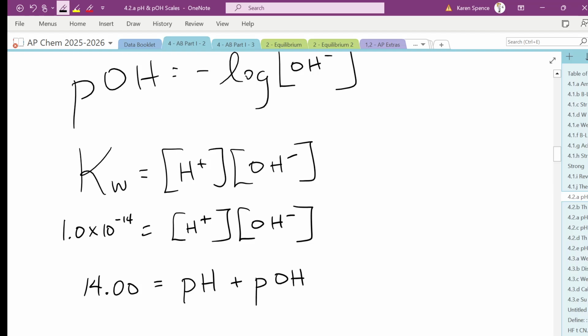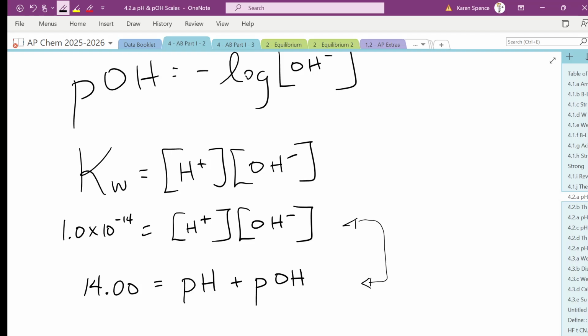Does it seem likely that these two equations are related? Anyone know how they're related? You log both sides, but you don't just log both sides, you negative log both sides.